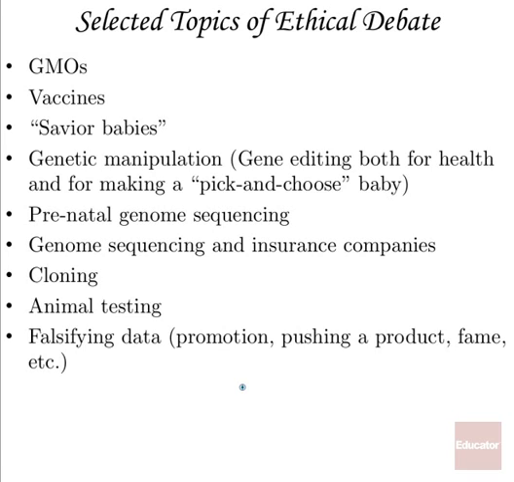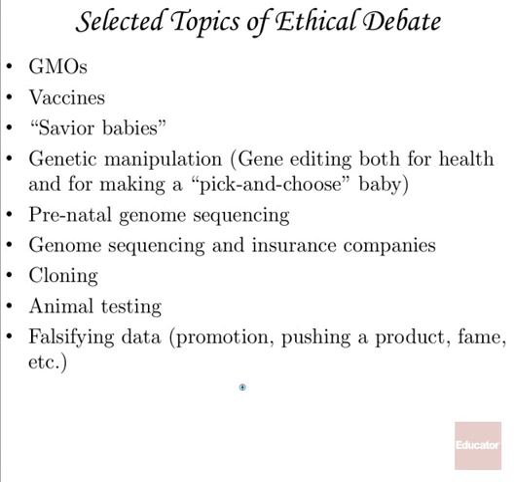We have other topics to debate, like savior babies. A savior baby is when a couple has a child with a condition where they are dying, let's say, for example, they have a kidney disease and they need a kidney transplant.